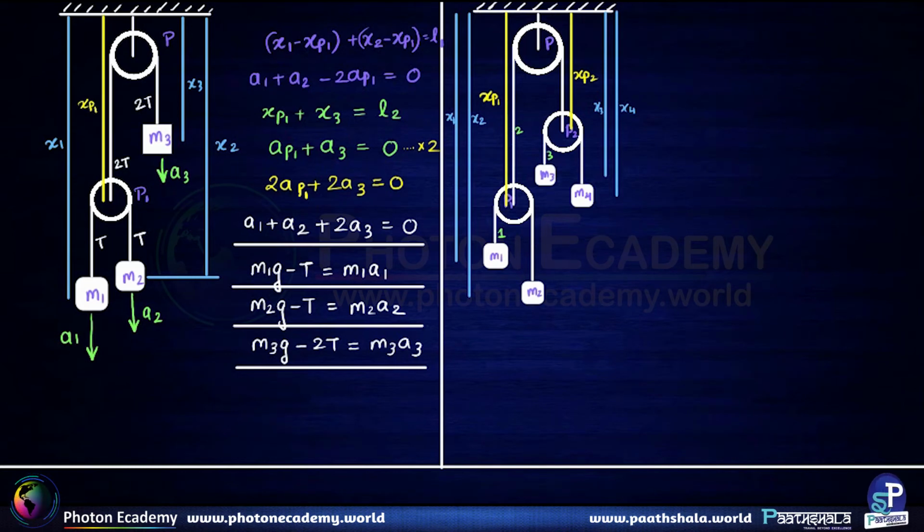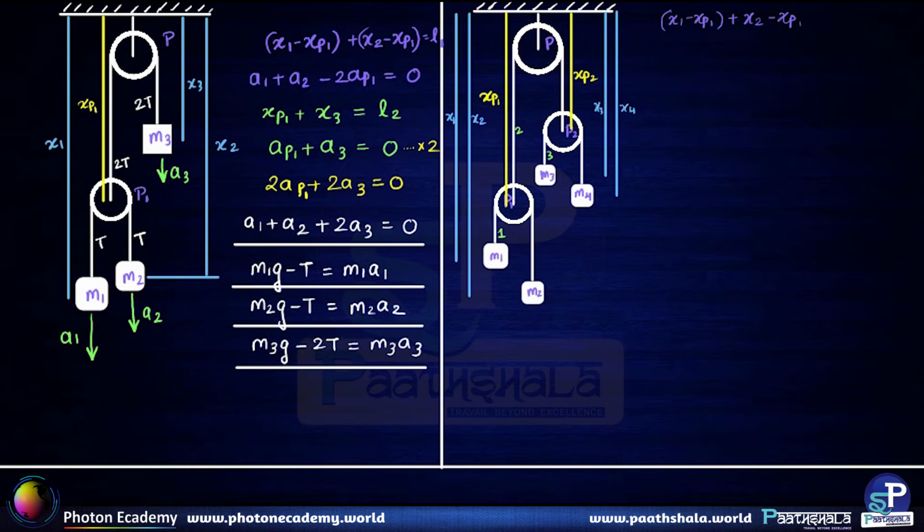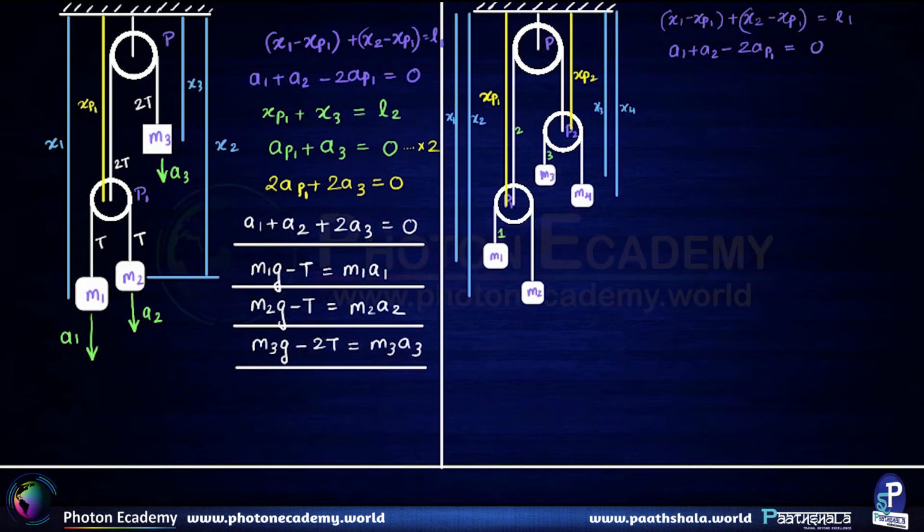So let us write that down first. What do we get? X1 minus xp1 plus x2 minus xp1. This is length of string 1. On double differentiating this, we get a1 plus a2 minus 2 ap1 is equal to 0. So this is one equation that we have.